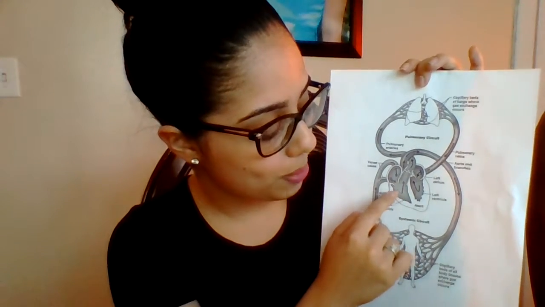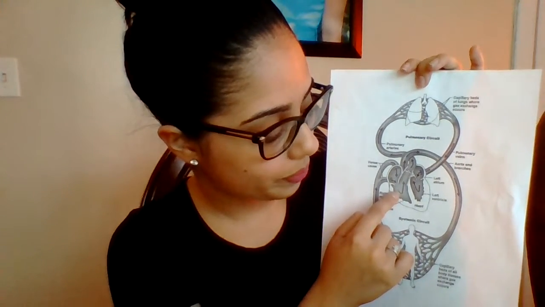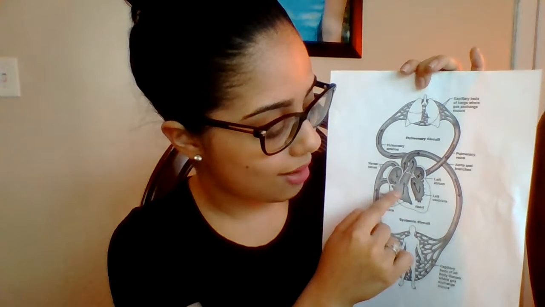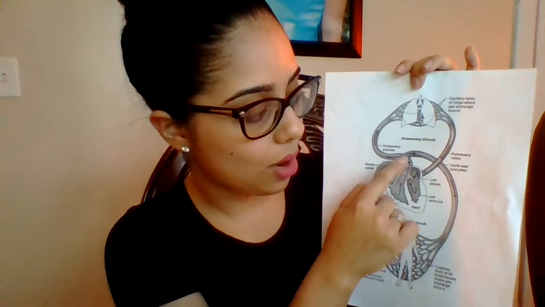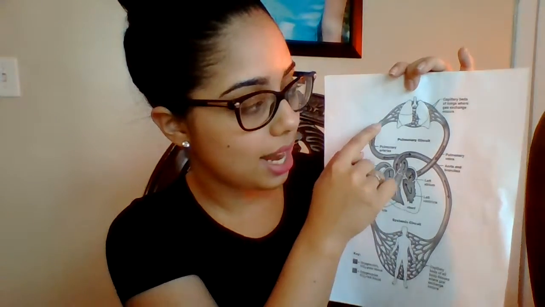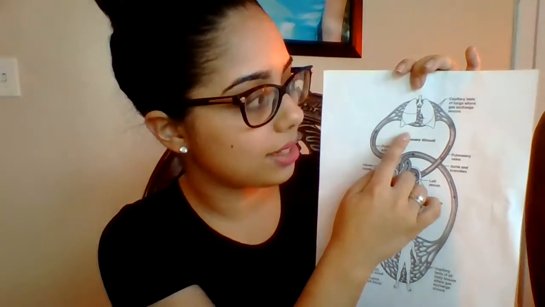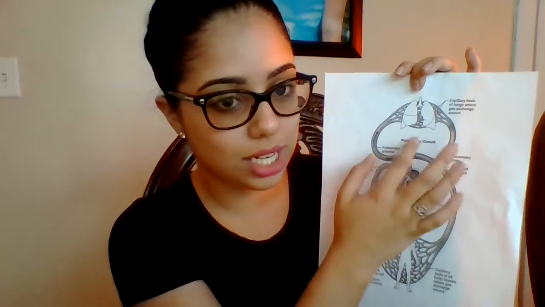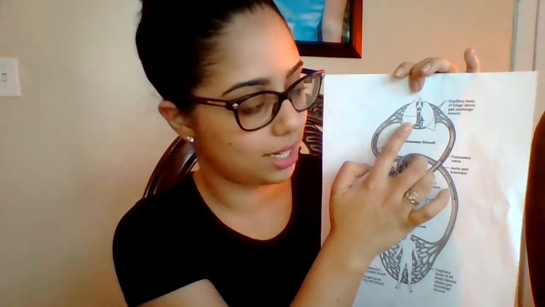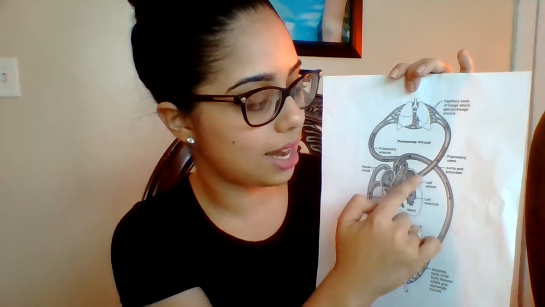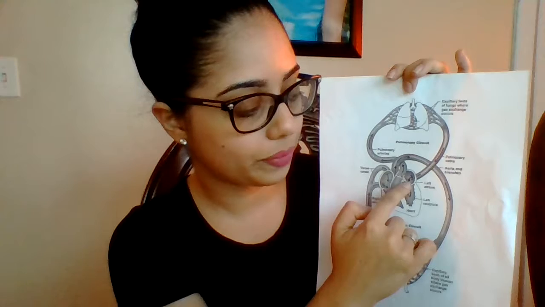So once the pressure builds up in the right ventricle, this pulmonary valve will open up and let the oxygen-poor blood run through the pulmonary arteries and into the lungs. Once the oxygen-poor blood is in the lungs, the capillary beds allow the gas exchange so blood can be oxygenated, and then it returns back into the heart by the pulmonary veins and into the left atrium.